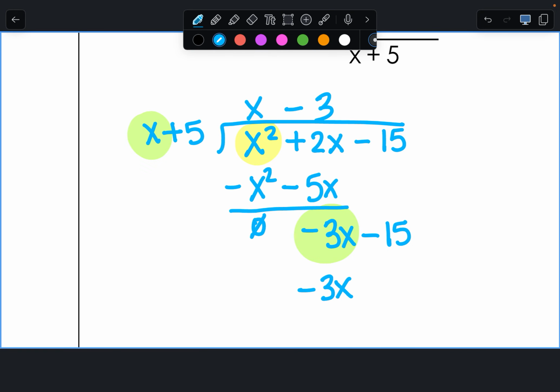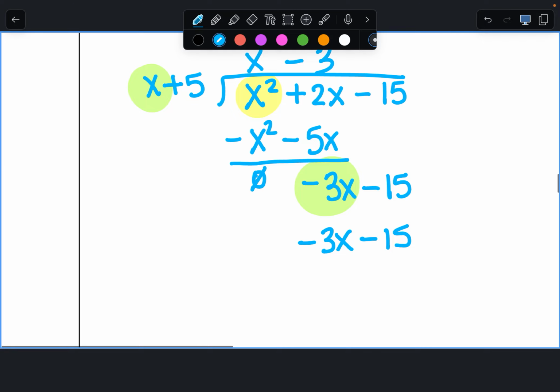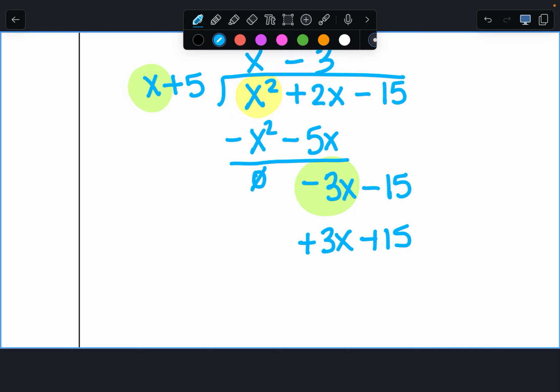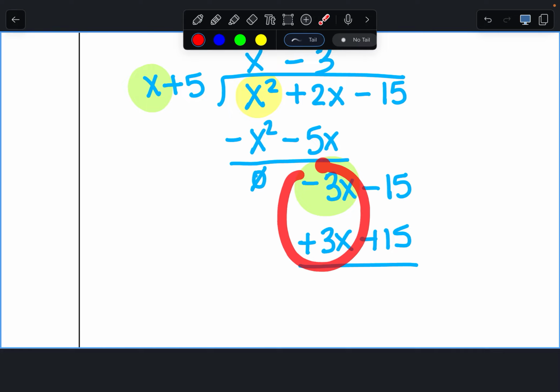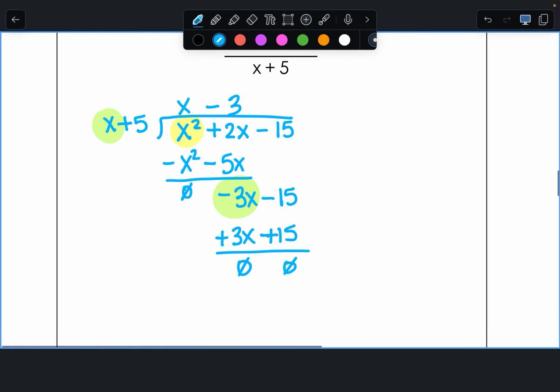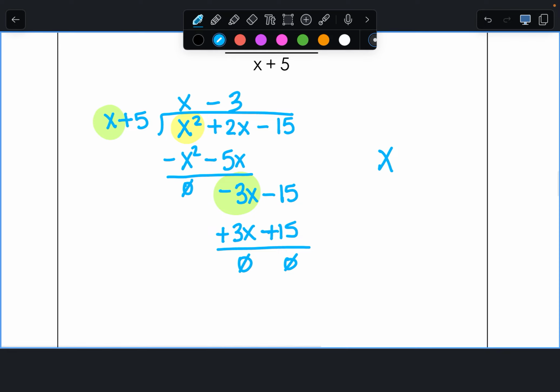Now make both of these the opposite, which is positive. Negative 3 plus 3 is 0, and negative 15 plus 15 is 0. So they both cancel out. So your quotient is x minus 3.